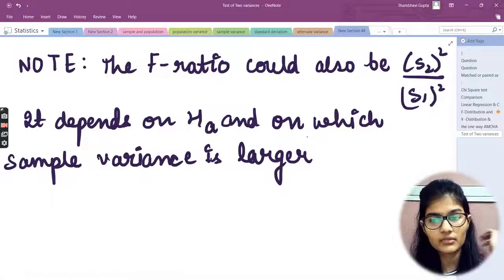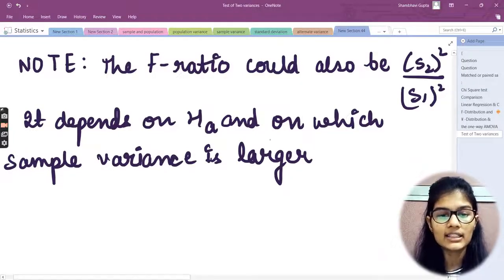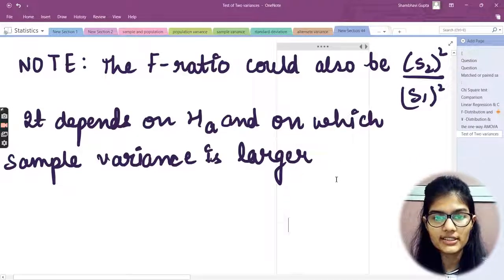Now, other than this, we have some more things regarding the populations, so I'll mention them. Let me get some space here for writing.